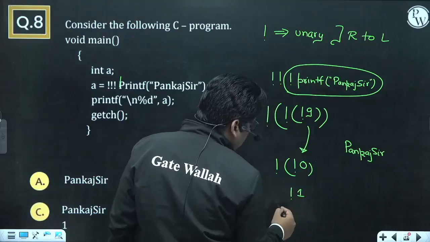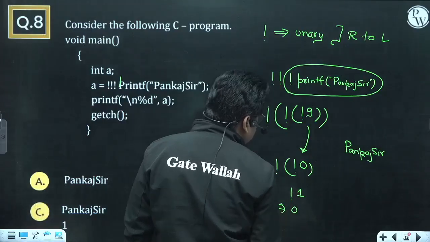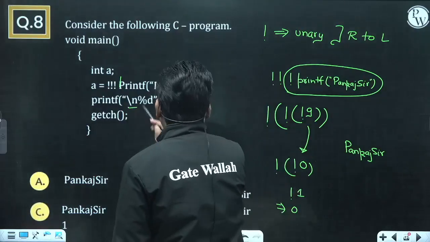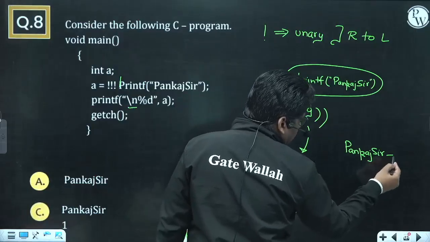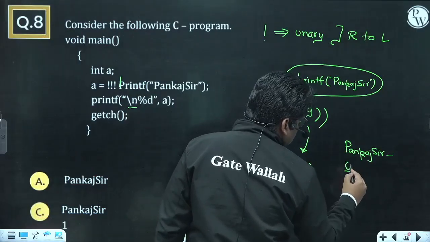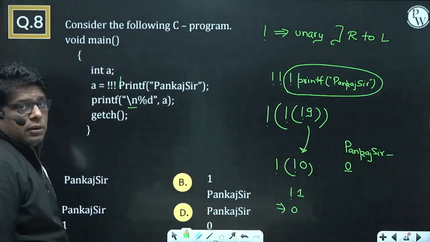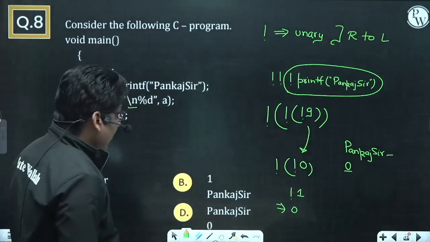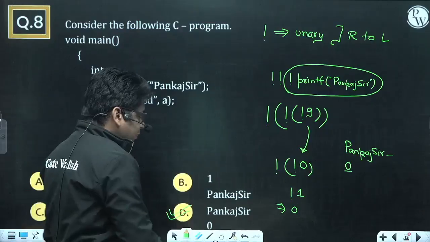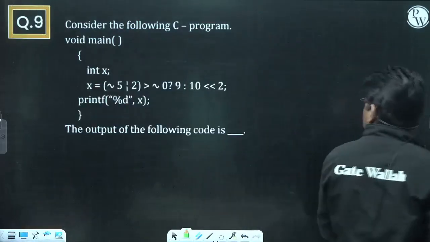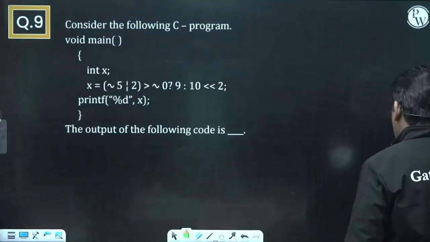And again not of 1 is nothing but 0. But because of this slash n, the cursor will move from here to here and the output is something like this. Pankaj sir in first line and in second line it is 0. Okay.